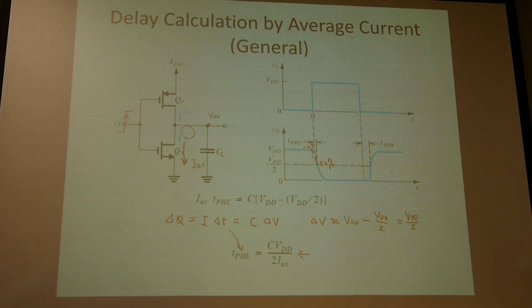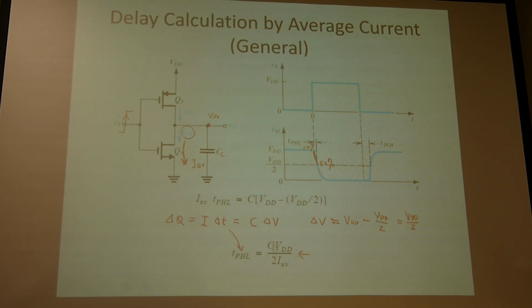So here we change the voltage from VDD to half VDD. So the delta V will be half VDD. And then we will have this equation as the average current method to estimate the delay. So, VDD divided by 2 divided by I average.